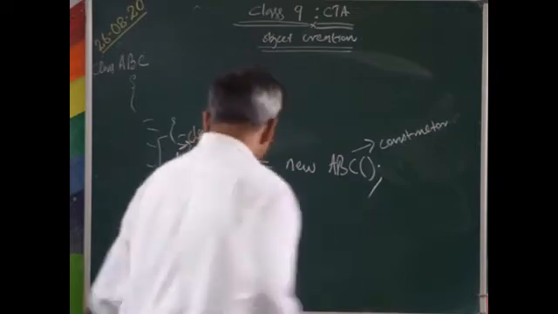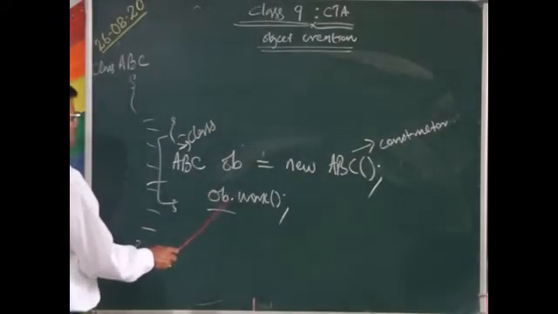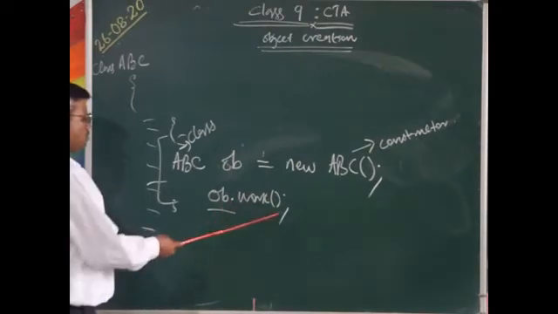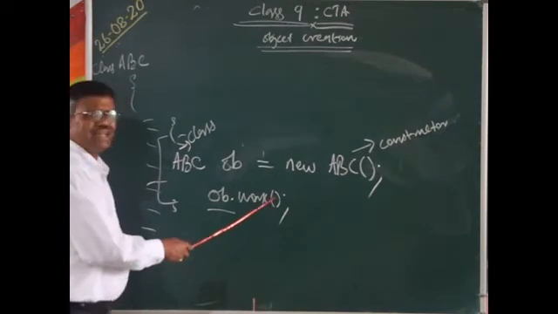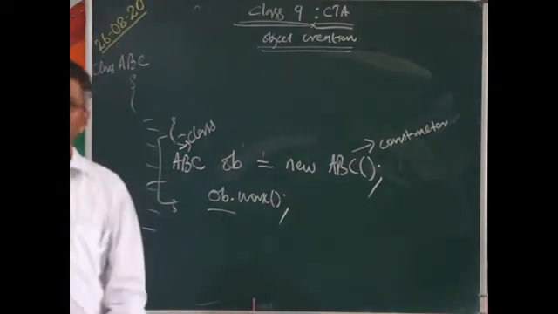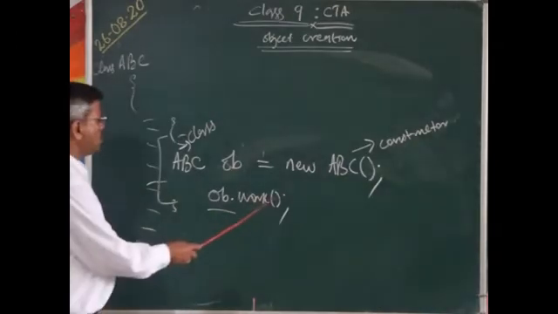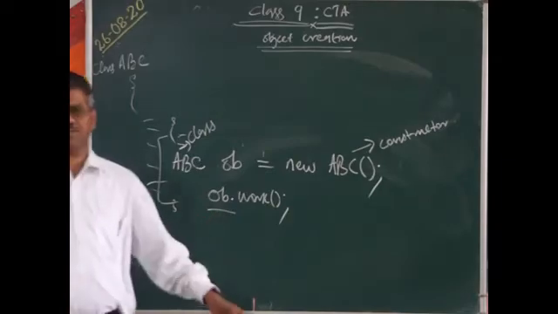This is called a dot operator. With the help of this object, you go to a place called work. Nothing is there inside the parenthesis, meaning zero arguments or zero parameters. If we give some values, when you go to work, that value also goes along with it.